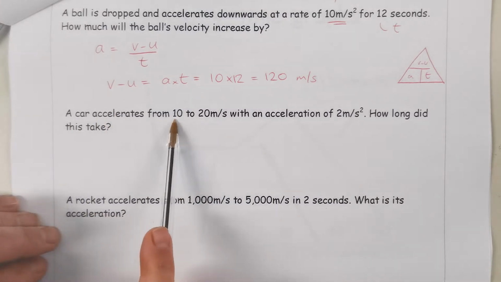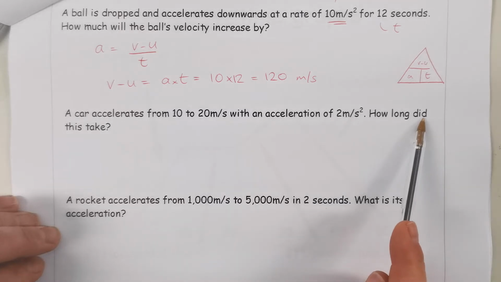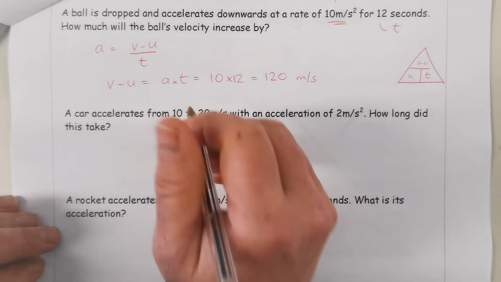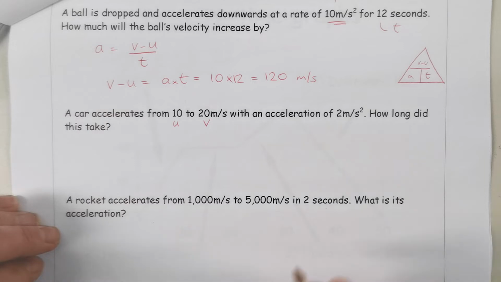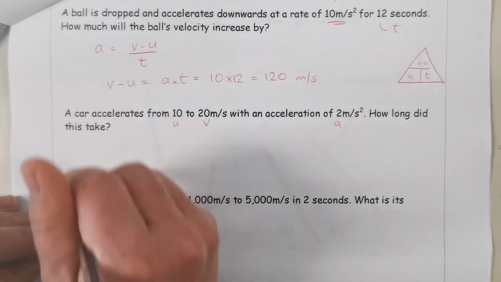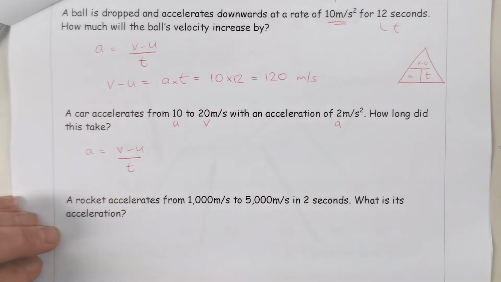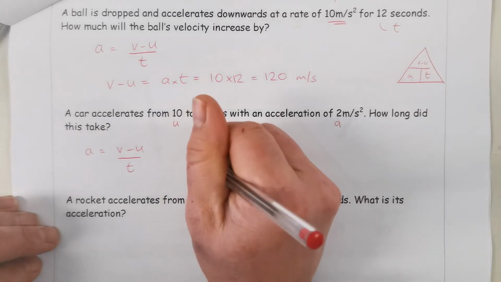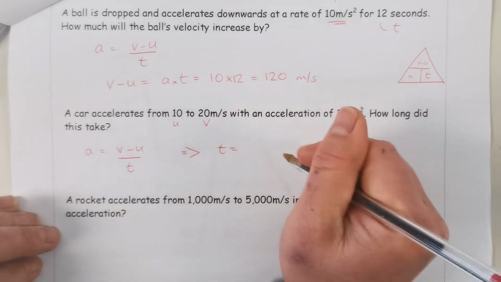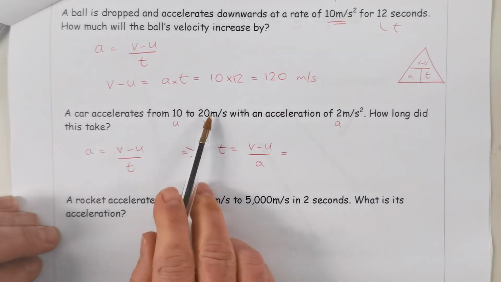A car accelerates from 10 to 20 meters per second with an acceleration of 2 meters per second squared. How long did this take? Well, that's U, that's our start velocity. That's V, that's our final velocity. And this is A. A equals V minus U over T. And we've been asked to calculate T. T equals V minus U over A. Make sure you get these the right way round, or you're going to get a negative number here.